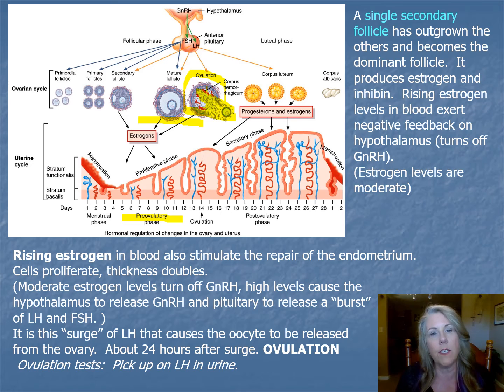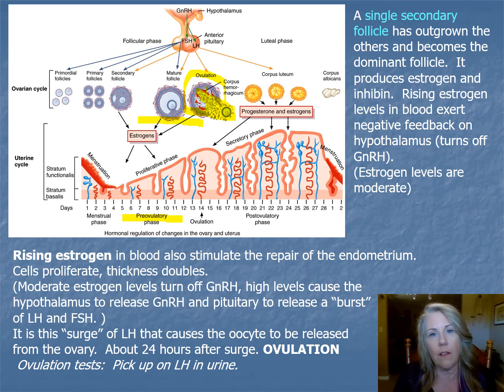And what is it going to cause it to do? It's going to cause that secondary follicle, that vesicular follicle at this point, to rupture, and the egg will be released, and we call that ovulation. So the surge of LH basically prompted ovulation.